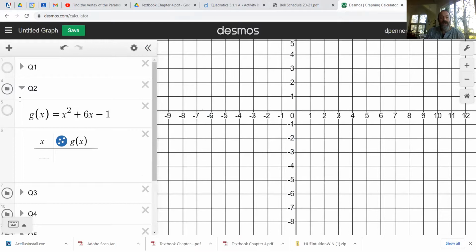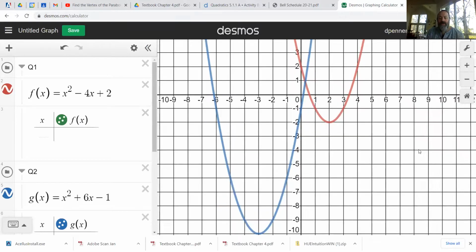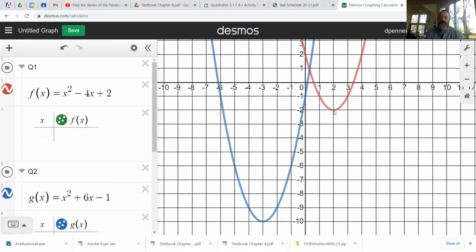If we turn both of these on, you'll notice they're not the same graph. This one turns around at what is known as the vertex, although sometimes we call it a locator point. This one has a vertex of (2, -2). This one over here has a vertex of (-3, -10). They have very much the same shape; they've just been moved from each other.